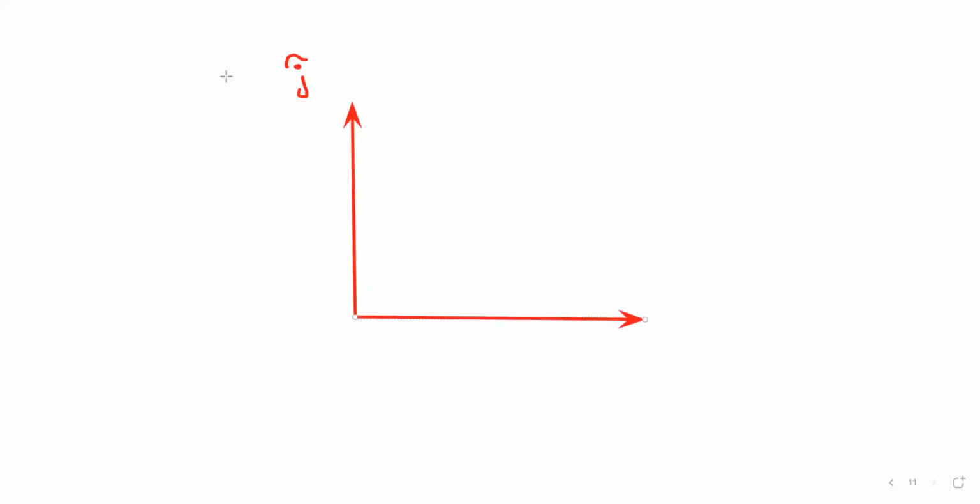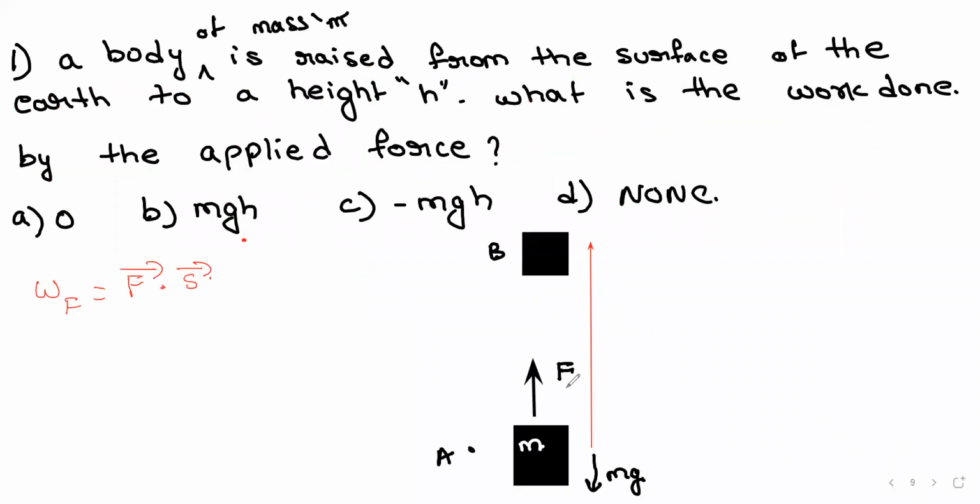So the body is moving from A to B, and the magnitude of displacement is h. What is the direction? j cap. So you have to write it as h j cap. Now, what is the force vector?